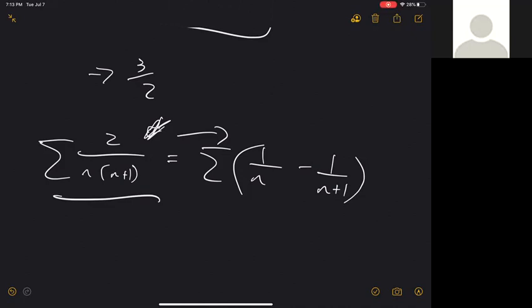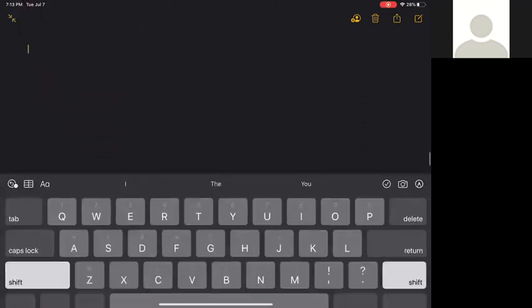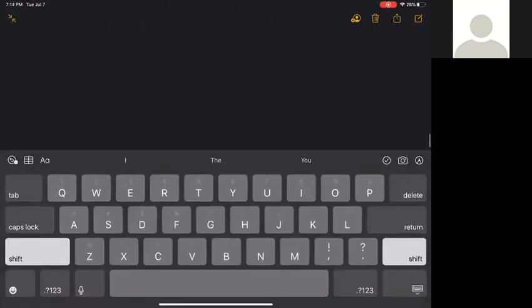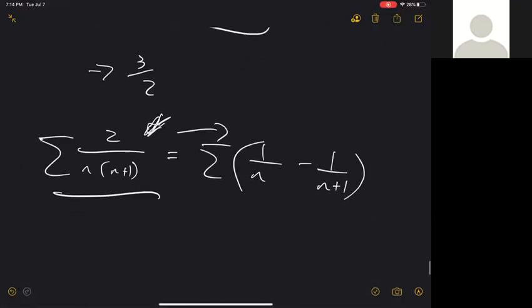Okay, somebody asked, can you explain how to find A and R values in geometric series? Yes, I can. A geometric series should be fairly easy to recognize, because the only time you should see an n is in an exponent.